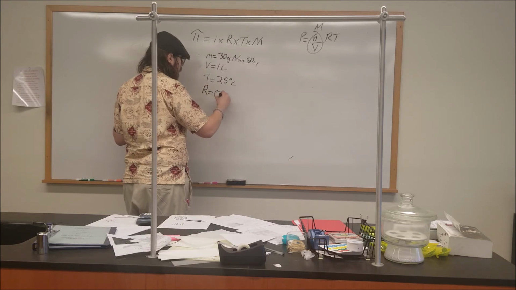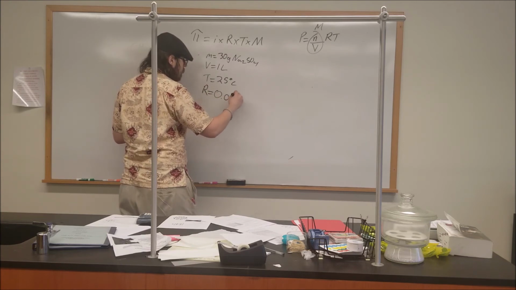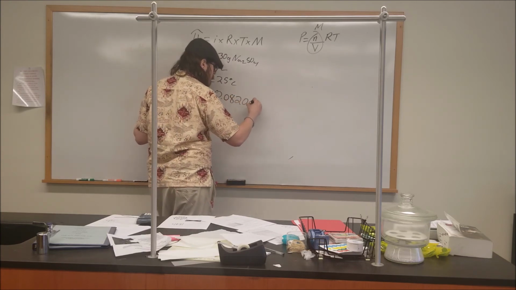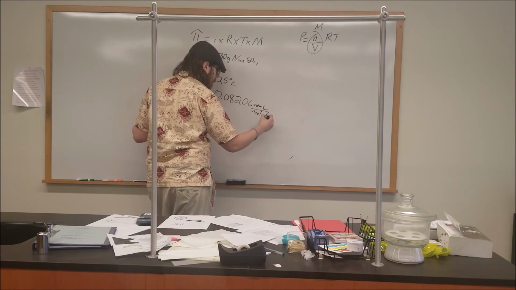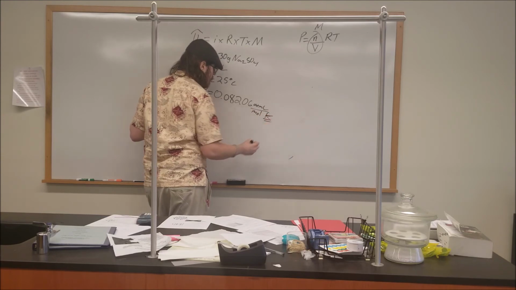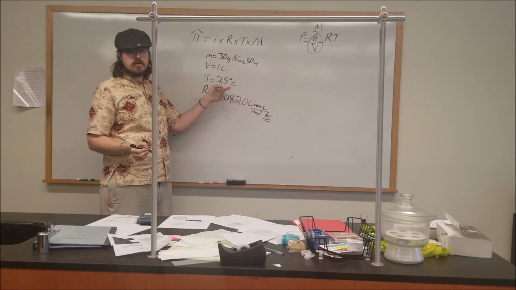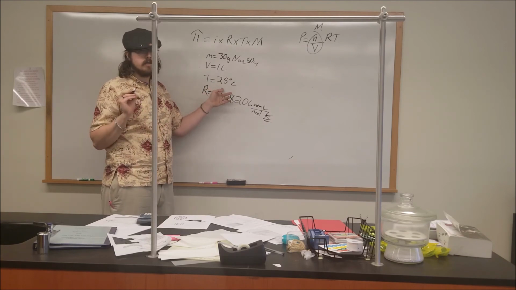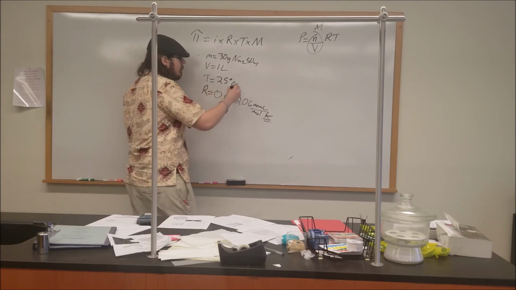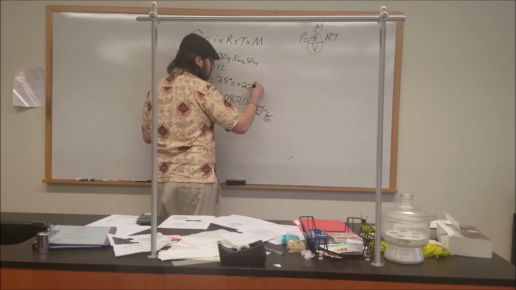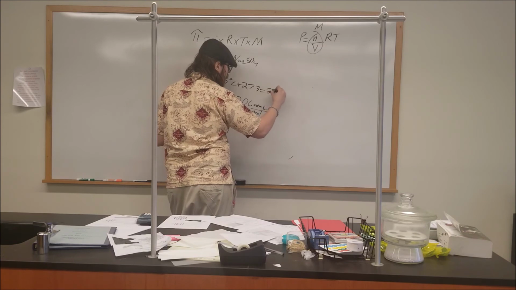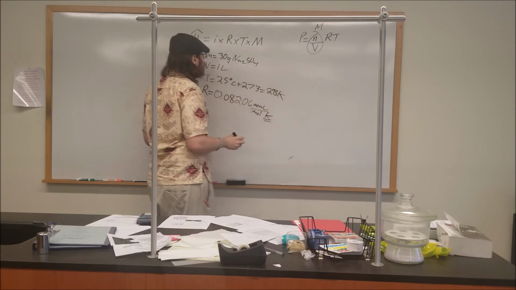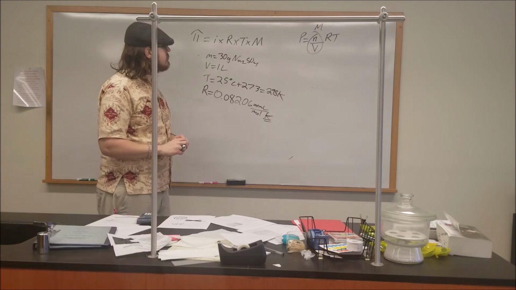We want 0.08206 atmosphere liters per mole Kelvin. That K tells us that the temperature needs to be in Kelvin for this to work. So we start by adding 273 to get 298 Kelvin. Now the only thing we need is molarity.